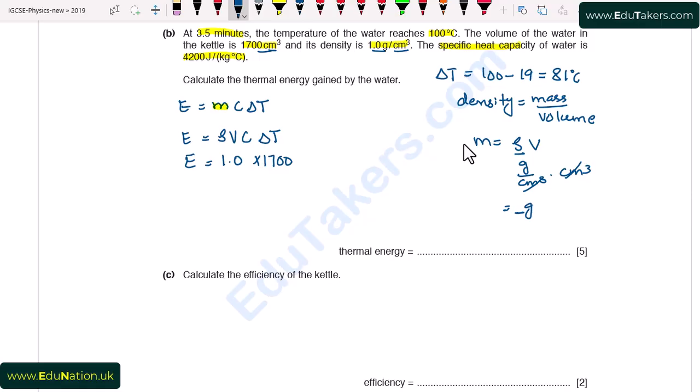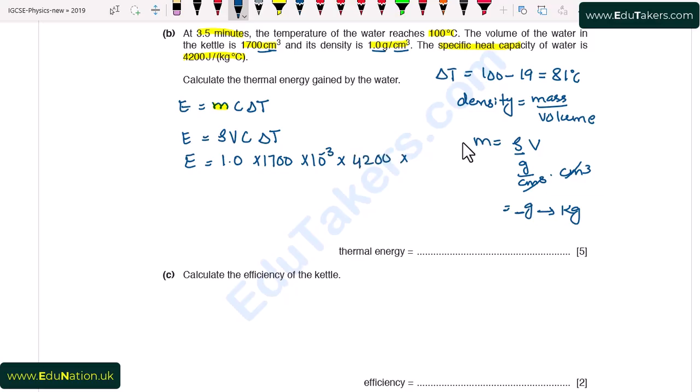We measure the mass in kilogram, so first of all we have to convert this gram into kilogram. That's why I multiply it with 10 to the power minus 3, or I can simply say that I divide it by 1000. And C, that is specific heat capacity, is 4200.